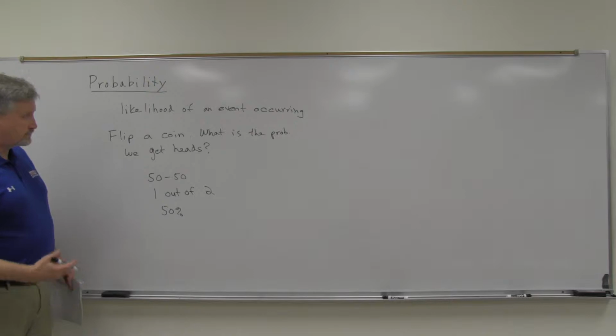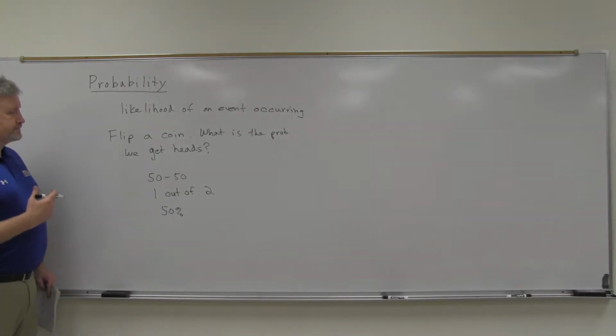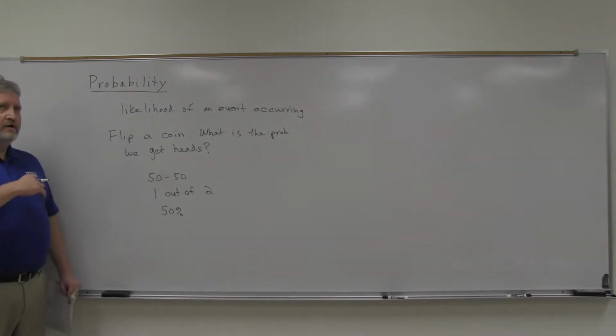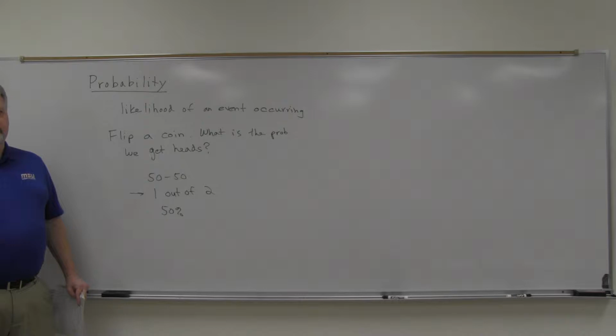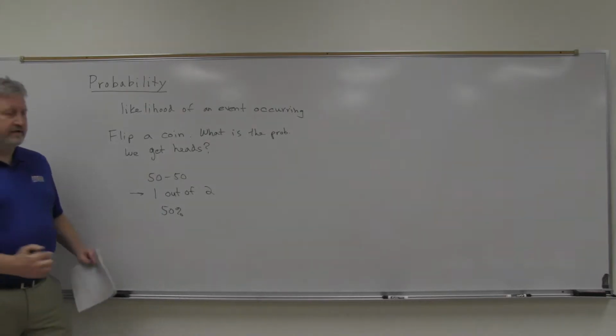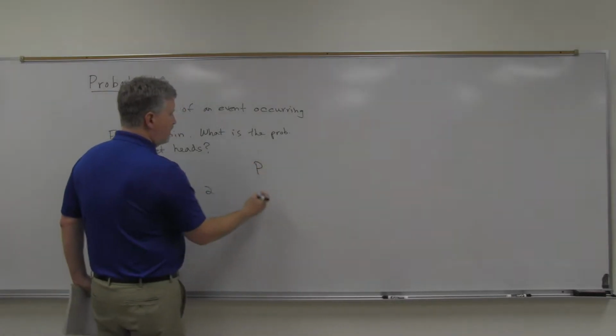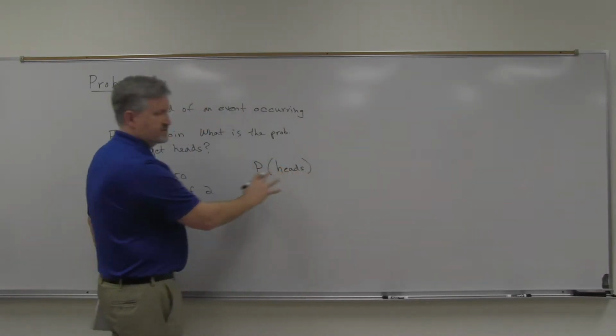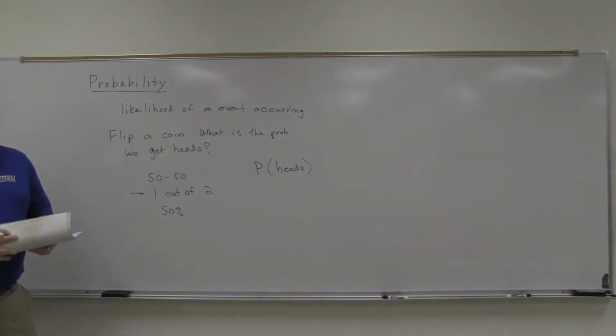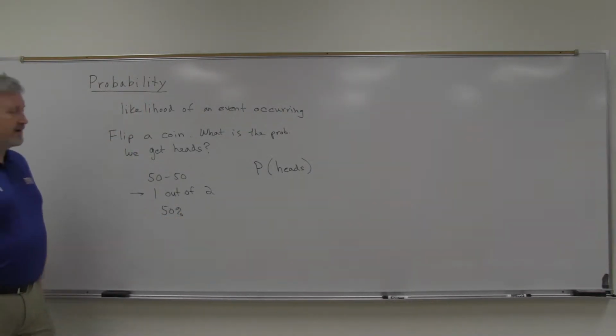Now, here's a little more on that. So, let's focus on this. Usually the way this is written, just some notation here, P for probability, and then we can put a description of what the probability is we're talking about.